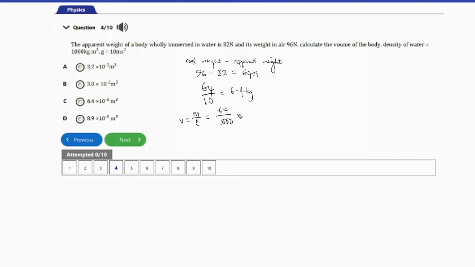So if we divide this, we are going to have 6.4 times 10 to the power of negative 3 meter cube as the volume. So option C is the answer to this question. So guys, that's it for this question. So let's go ahead and consider the next question, guys.